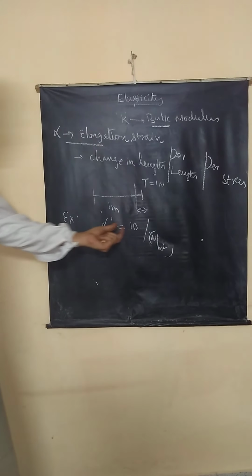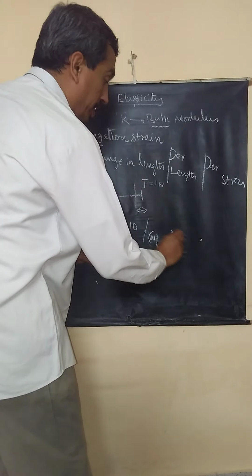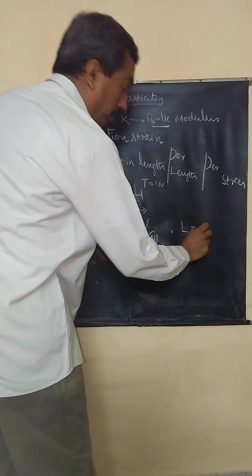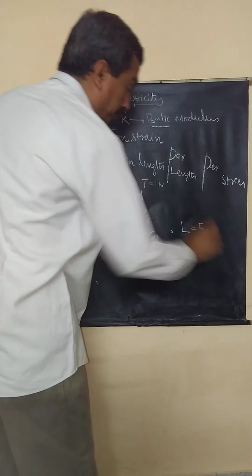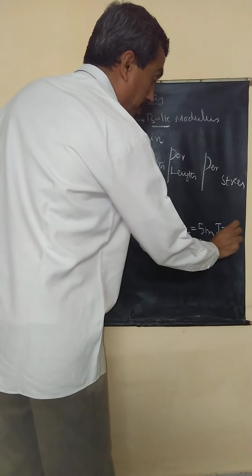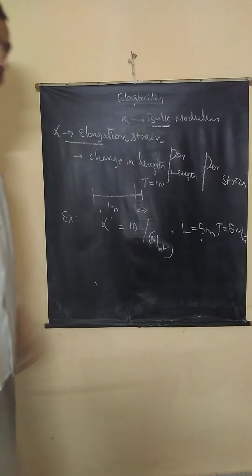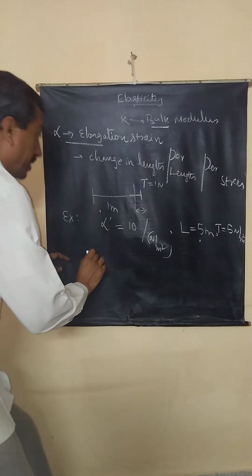If alpha is equal to 10 per unit stress, if the length of the material is 5 meters, and the stress applied is 5 Newton per meter square, what is the change in length?